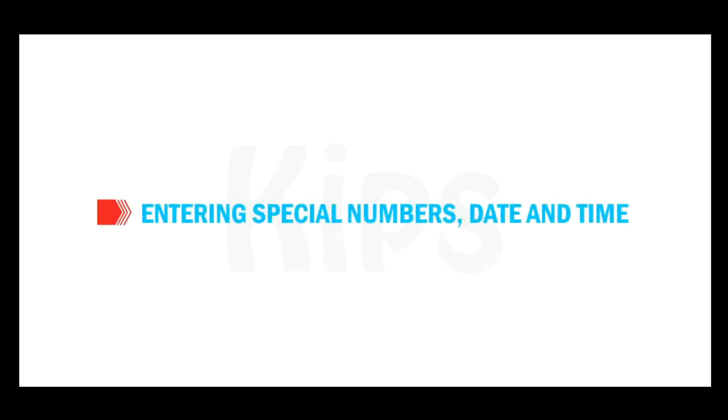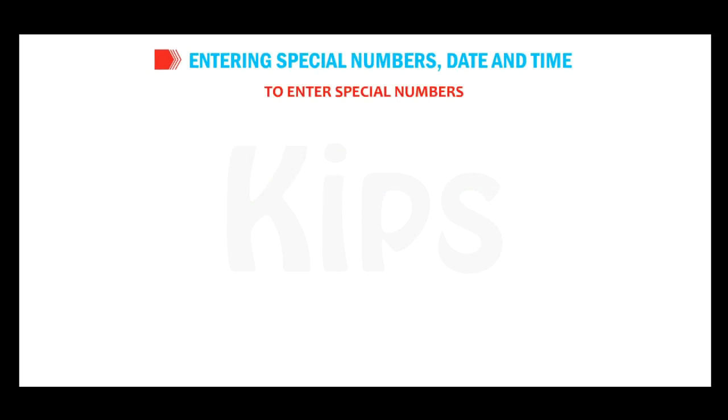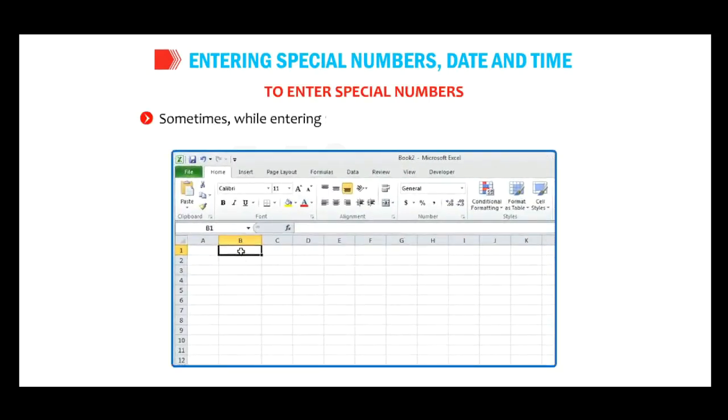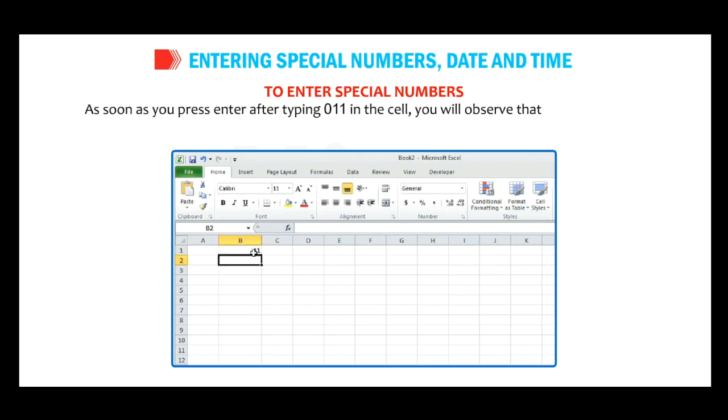Let us find out how to enter special numbers, date and time. To enter special numbers: sometimes while entering numbers, you want to retain the leading zero. For example, you want to enter the STD code of Delhi, which is 011. As soon as you press Enter after typing 011 in the cell, you will observe that the leading zero gets dropped.